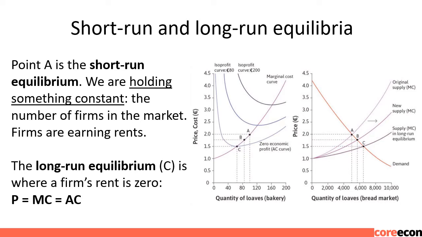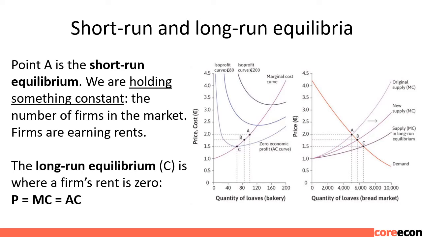Supply will increase. Equilibrium price will fall to B and then eventually C, where each firm will be making zero economic profit. This does not mean they are making zero accounting profit. The accounting profit they will be making will be equal to the opportunity cost of the capital being used in this business.